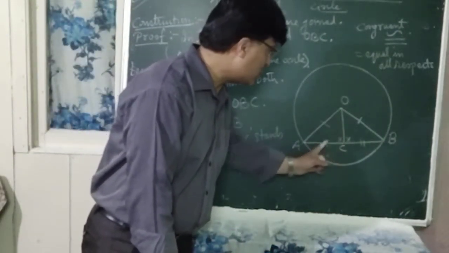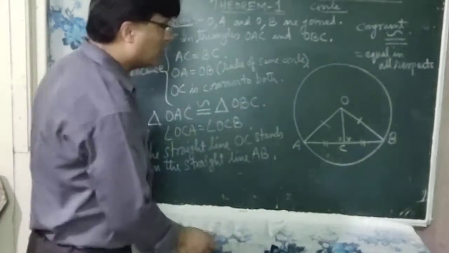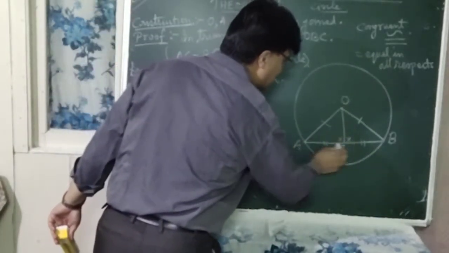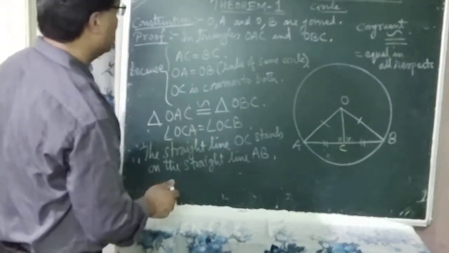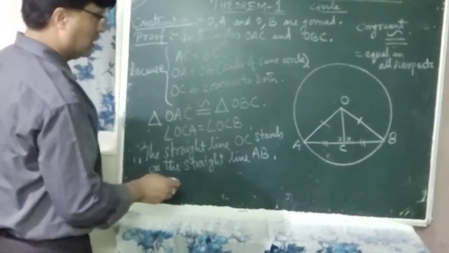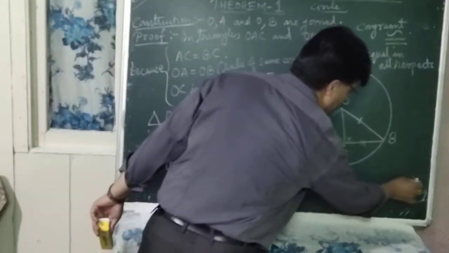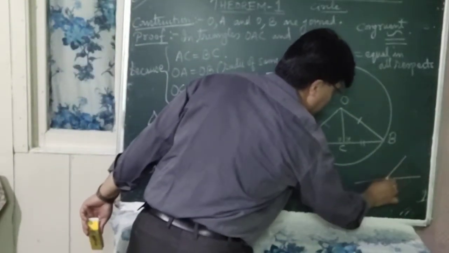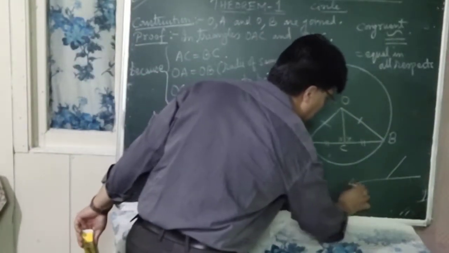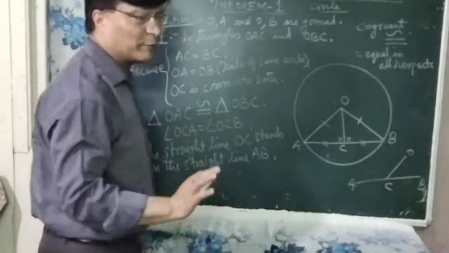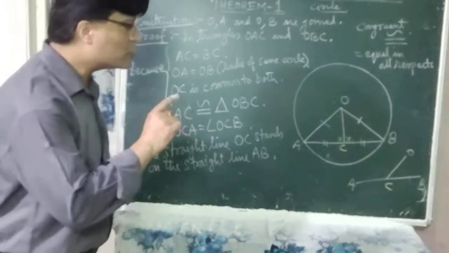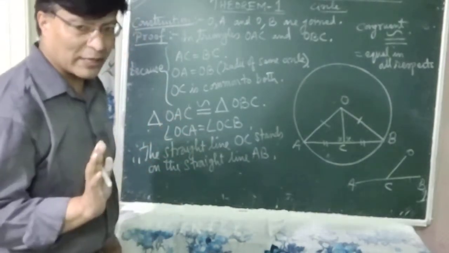You know that if the straight line OC stands on AB, sum of these two angles, suppose this is the straight line, right? This is AB straight line. Suppose this is OC. Suppose OC is not perpendicular to AB out here.